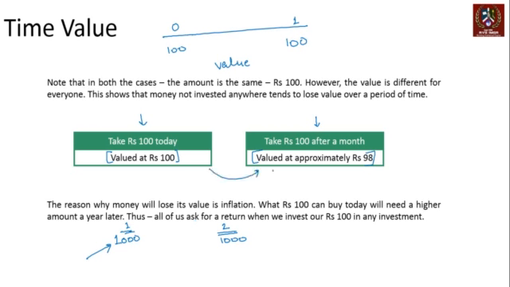It's losing its value if you're taking it after a month, is inflation. It is the uncertainty that the prices will rise in future. So what rupees 100 can buy today, you will not be able to buy the same amount with rupees 100 after a month or after a year, right? So all of us will ask for a slightly higher amount if you're getting the money after a while.